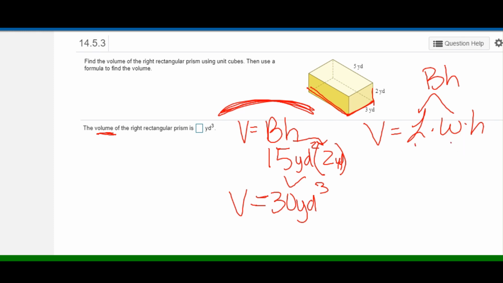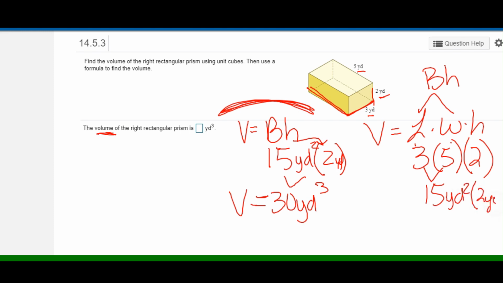So this is just another way to write the same formula. So length times width, we have a length of 3, a width of 5, and a height of 2. And all of our units of measurements are the same, so we can go ahead and multiply. 3 times 5 is 15 yards squared, times 2 yards. So I multiplied that and I brought this down.